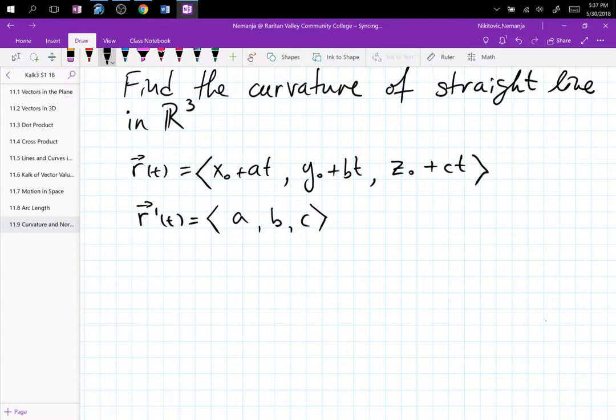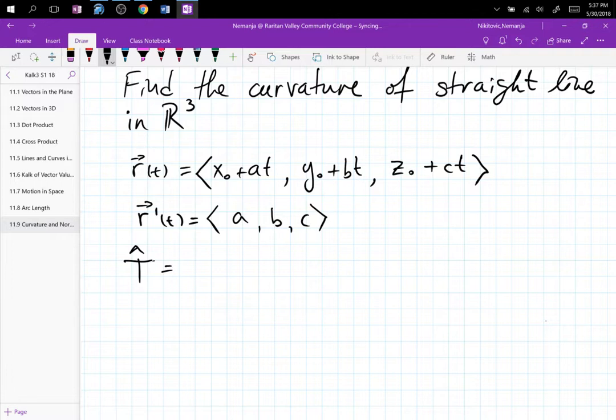So now what? Unit tangent vector, which is when we divide this one by the magnitude.